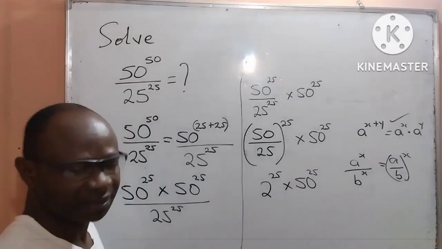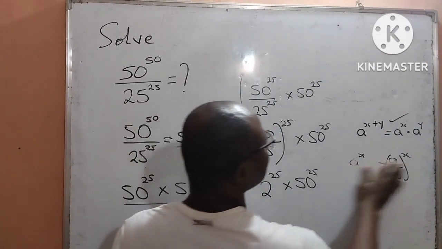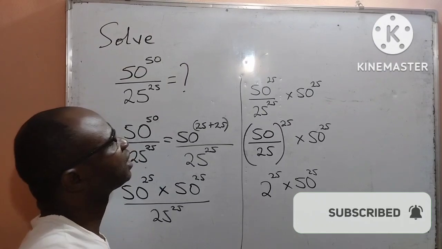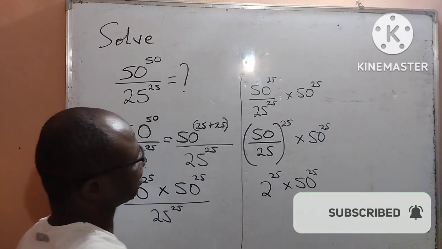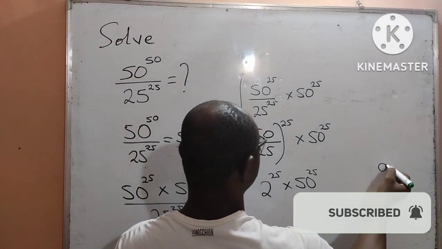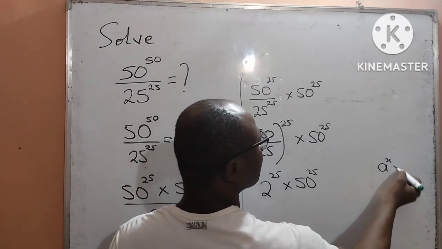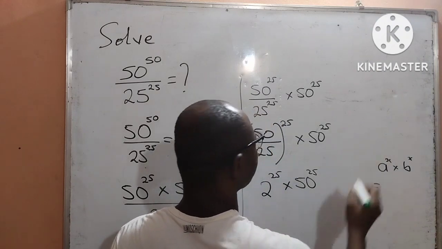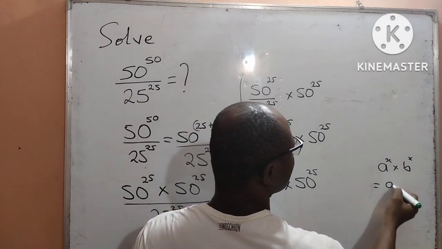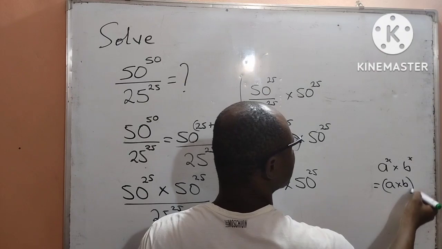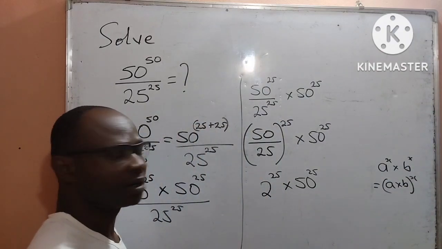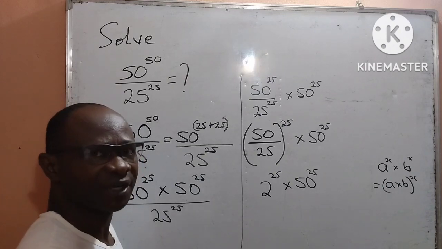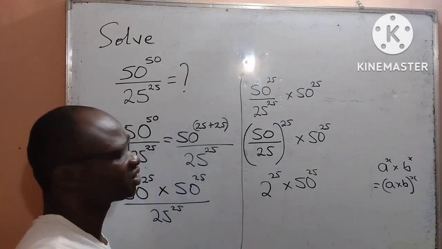At this point in time, let us write out this law that can simplify this point, the law of indices that says if I have a to the power of x multiplied by b to the power of x, then it is equal to a multiplied by b all to the power of x. Beautiful law. So in indices we have a lot of them that help us in solving simple problems like this.